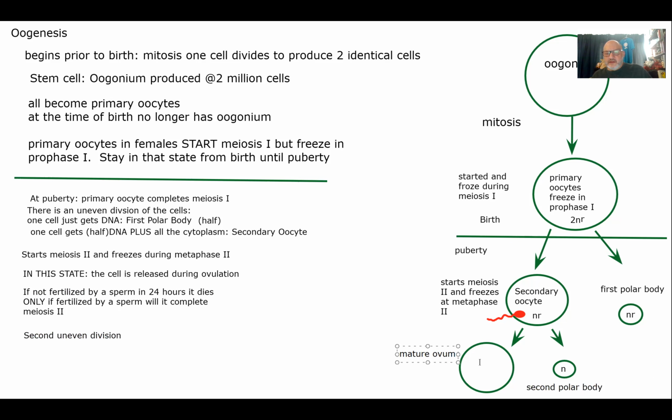Of course, this is N. But remember, it also has that sperm in it, which also has N chromosomes that it brought from dad. And these 2 nuclei are going to come together to form a diploid cell that is our zygote.